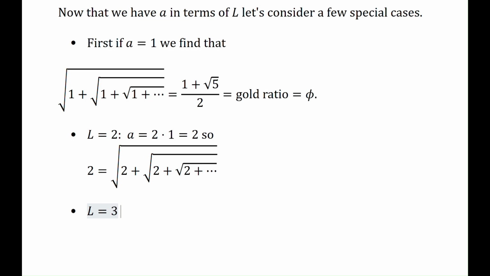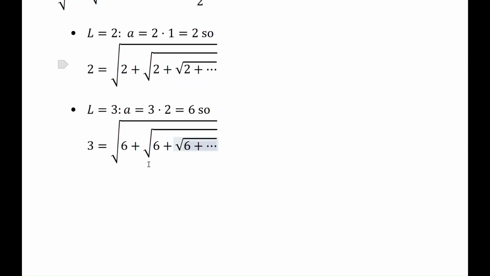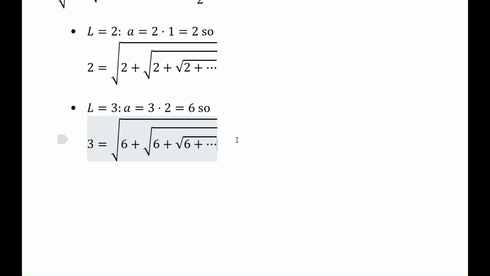Well, then what do we get? Then A is 3 times 2, which is 6. So apparently 3 is equal to the square root of 6 plus the square root of 6 plus the square root of 6 plus etc. That's kind of a neat and pretty result.